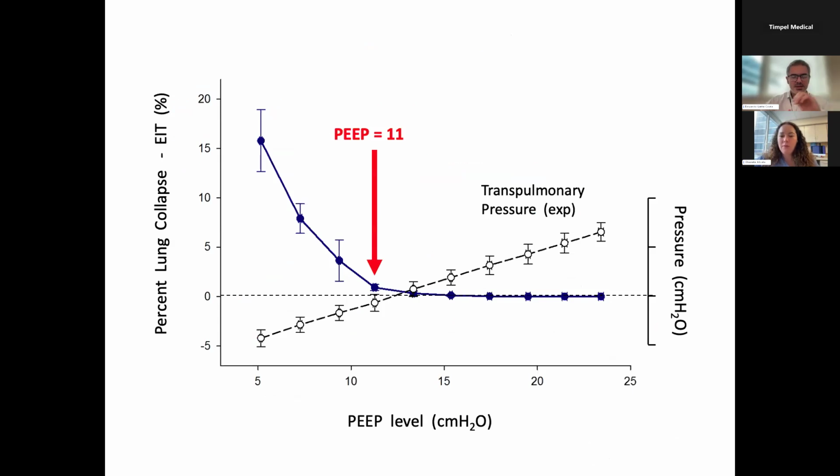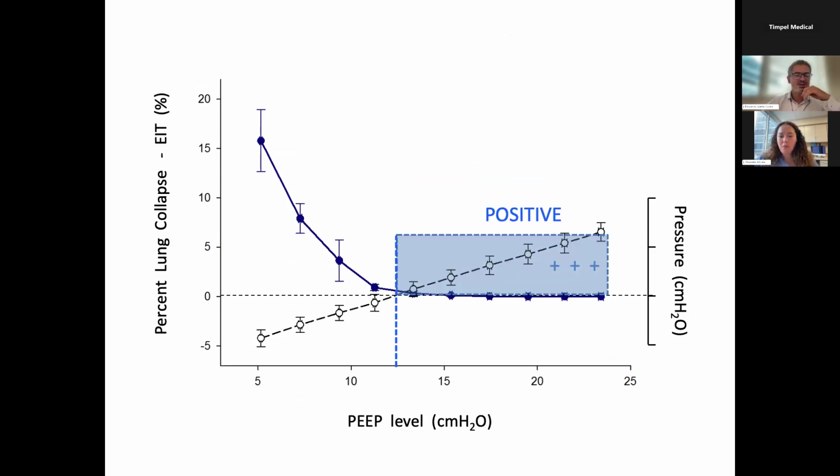There's a study that was published by the group of Boston, and they showed that there's a very nice coincidence. Not really coincidence, but it has a physiological reason, which I showed you.